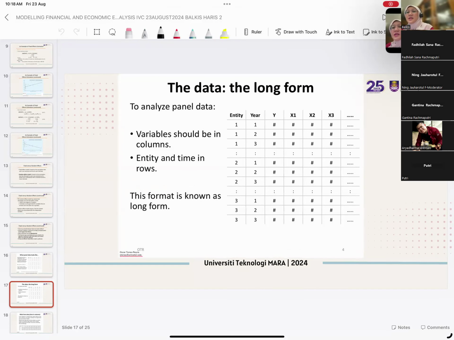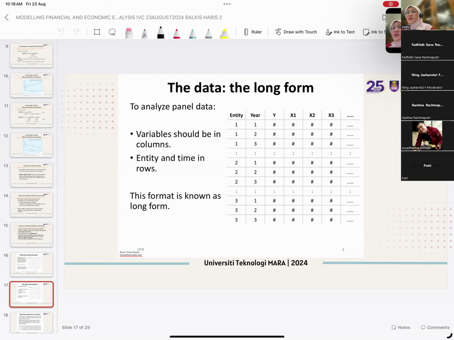So this is an example of the long form panel data, where in the first column we have the entity, and the second column is year.